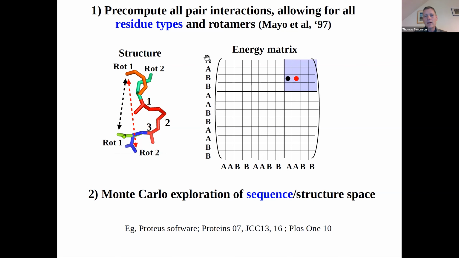So basically, we make a table where along the edge, we line up the sequence, the side chain types, and the rotamers, all the allowed values. Same thing horizontally, and this is going to serve as a lookup table. We're going to compute the interactions between 2 side chains with some combination of types and rotamers and tabulate it. That's going to serve as a lookup table, making the Monte Carlo exploration very efficient.